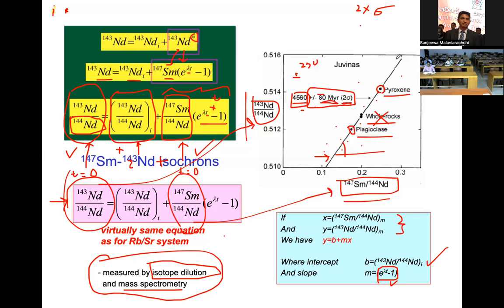Okay, this is the correct slope, because otherwise, even with a tiny difference, you get a different tan theta, and that will give you an enlarged error, because you are dealing with an exponential or natural logarithmic value here, e^(lambda t), right? So if you have a tiny error, that will be enlarged when you make it to linear form. So that's why I mentioned the correct isochron should be used.